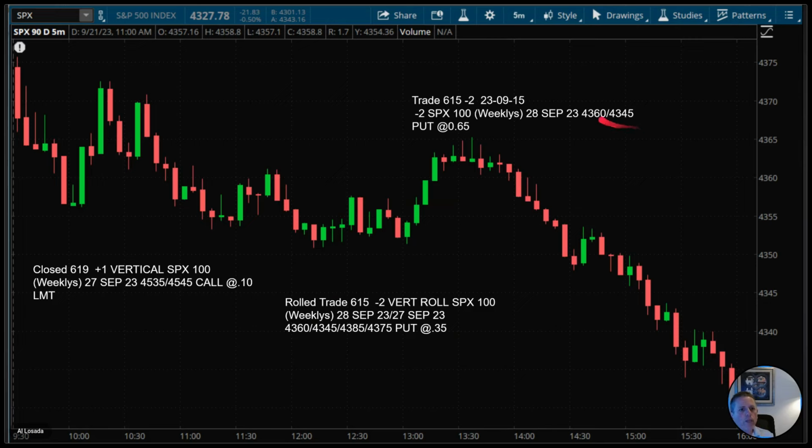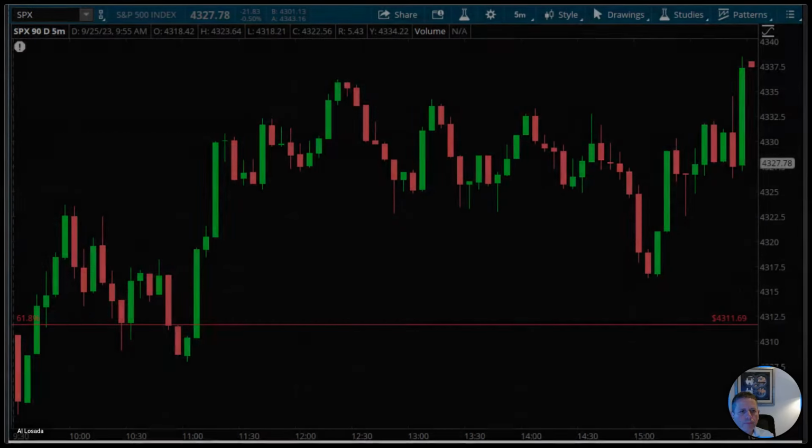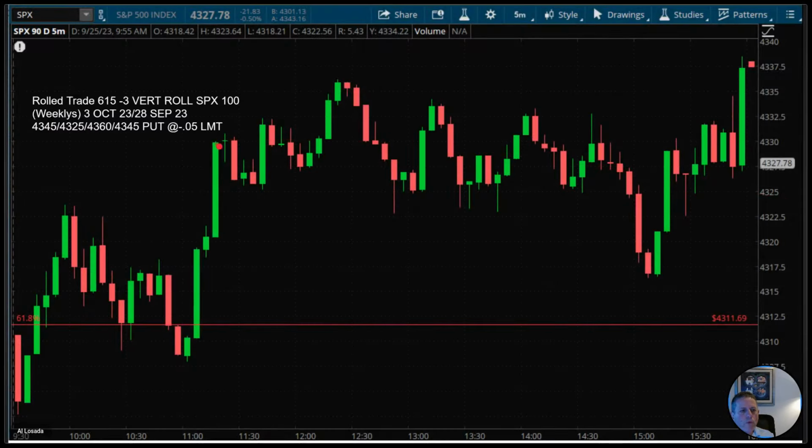All right, so here now we put on a put spread for 65 cents and received overall $1.90. So now we rolled the position again for negative 5 cents, basically a small debit.